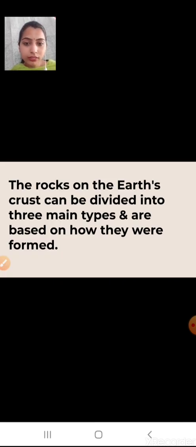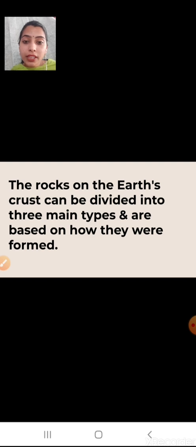The rocks on the Earth's crust can be divided into three main types, based on how they were formed. You have studied that on the Earth's crust, or Earth's surface, there are soil and mountains, and they are made up of rocks. And how are rocks made?